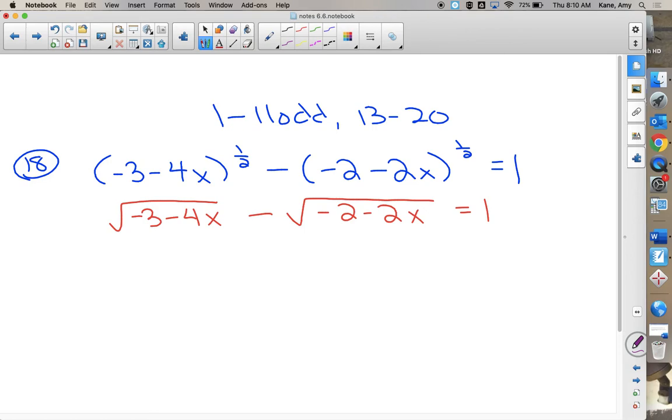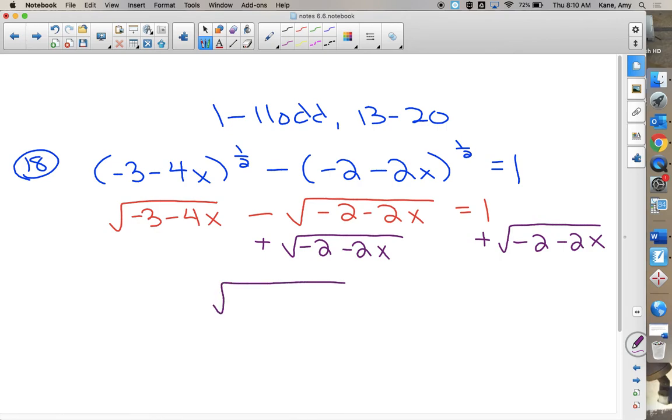And you might as well choose the one that's negative because then you have positive radicals on both sides. But we're going to literally take this whole thing and add it to the other side. So you're not changing the stuff underneath. You're just adding that whole piece and moving it to the other side. So we have -3 minus 4x. And then there's the 1 with the plus sign, and then -2 minus 2x.